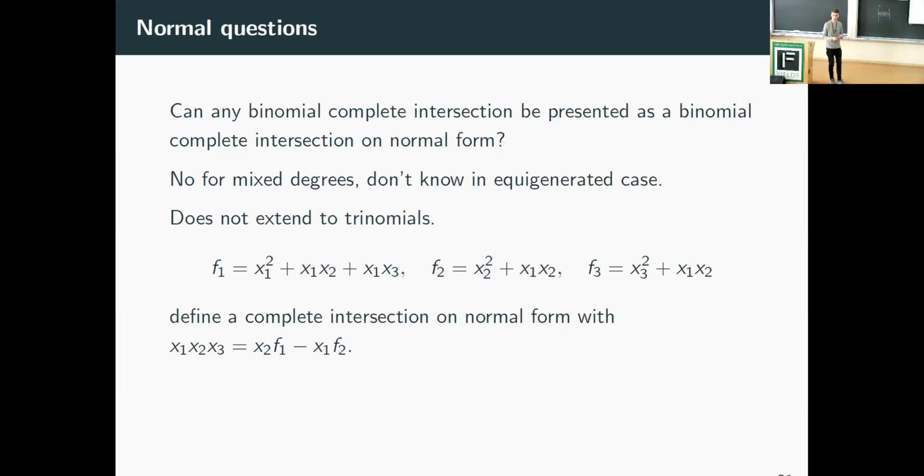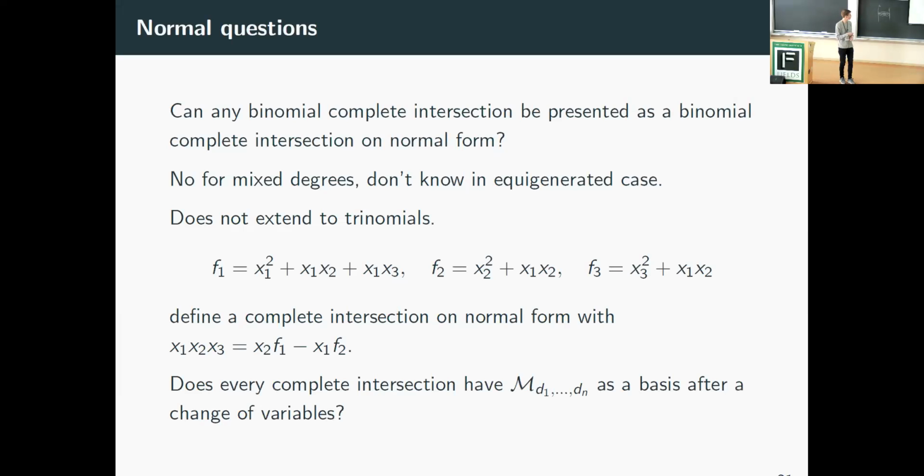They are on normal form as we had defined it, but we do not have our nice monomial basis anymore, as, for example, we have this relation. Okay, but doing a generic change of variables to these, this set of square-free monomials will be a basis.